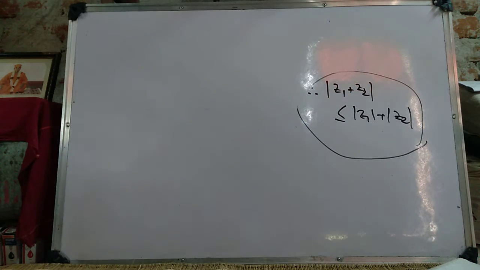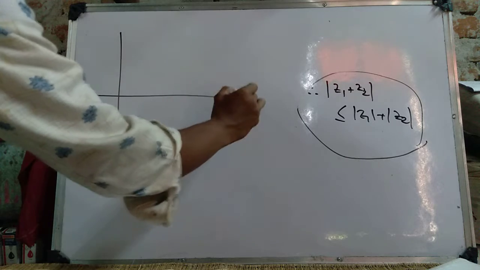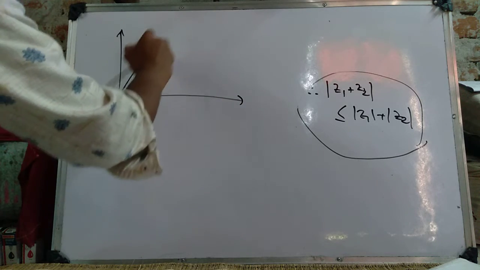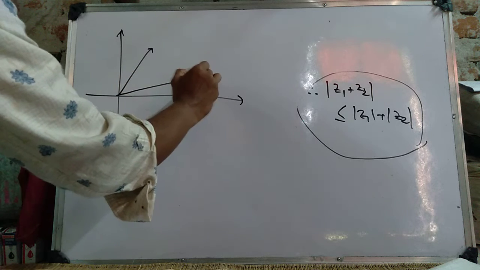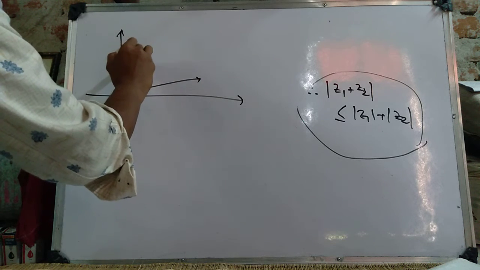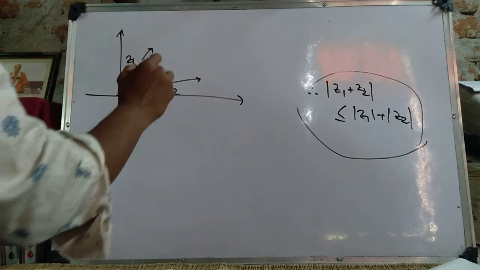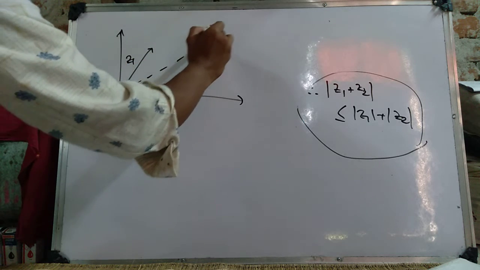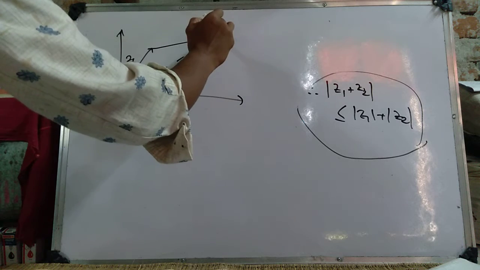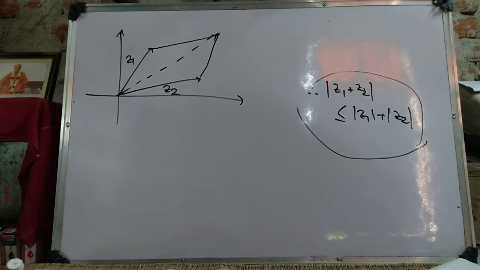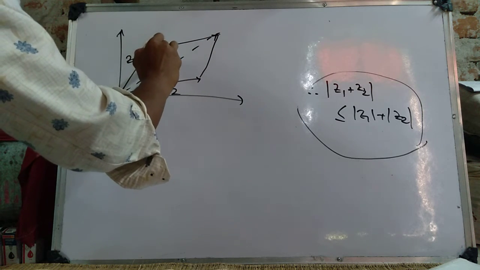That means vectors, some vectors, and doing some triangle law, then this one is done. Okay, how is this one done? In this way, if we write z1 and if we write z2, then in this way we also develop this one equal to z1 plus z2.